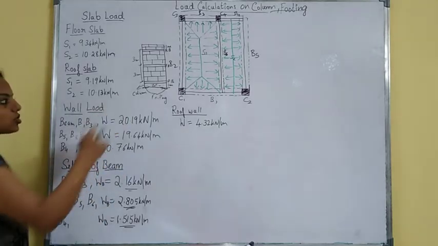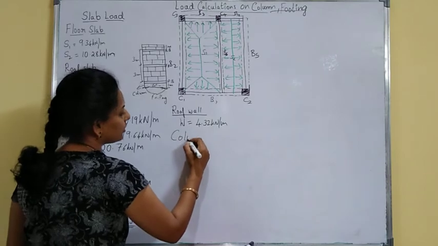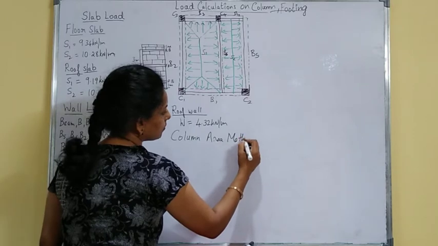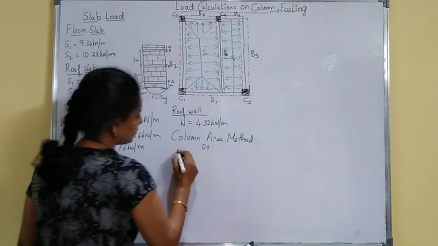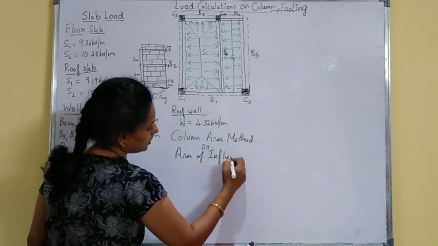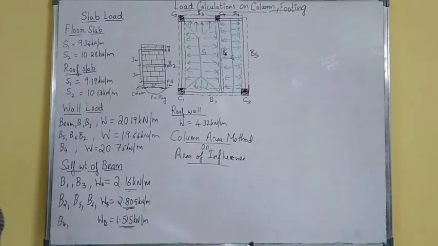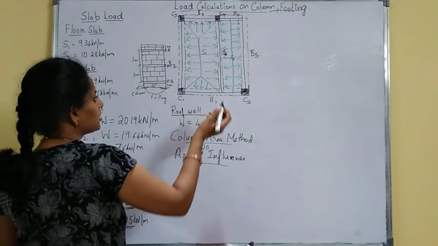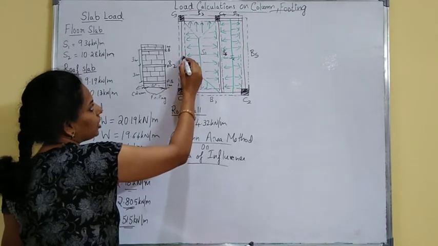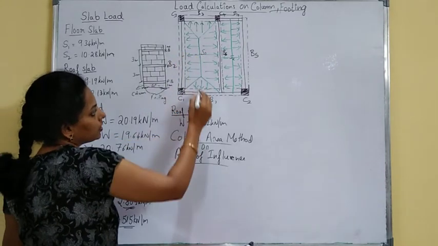Next we'll see how to calculate for each column based on the area of influence method, with which you calculate the axial load on the column. Suppose you are calculating C1: the area of influence is half of this beam span by half of this beam span. Here the spans are 3 meter and 4 meter.